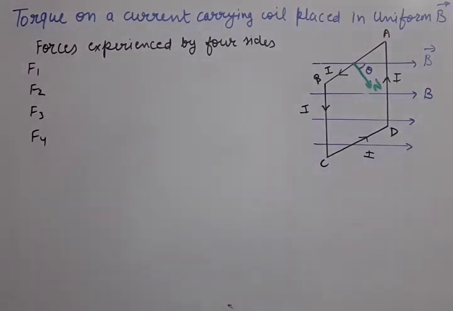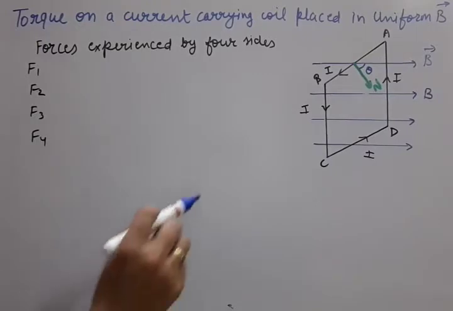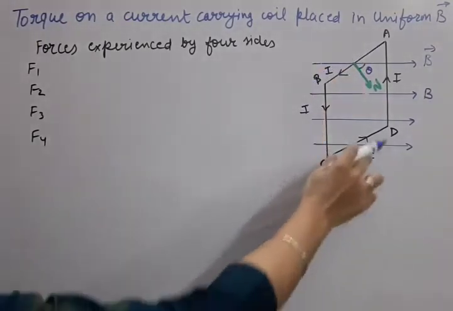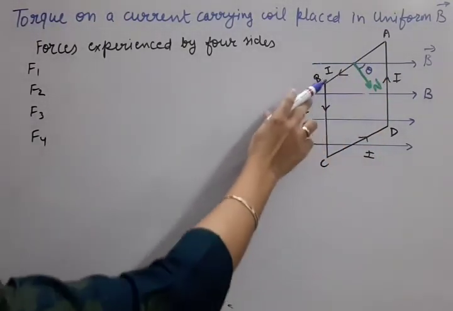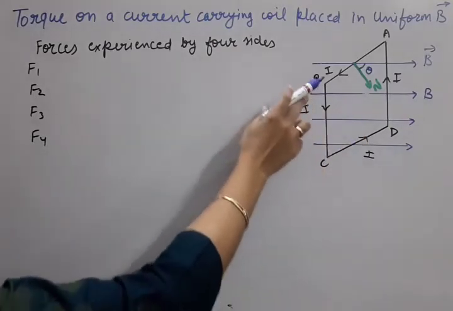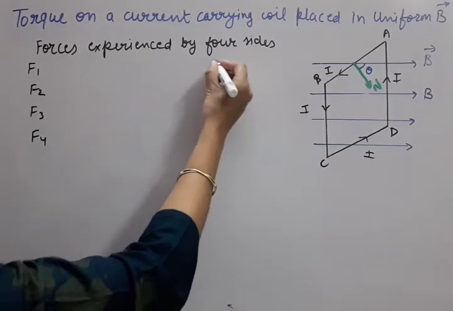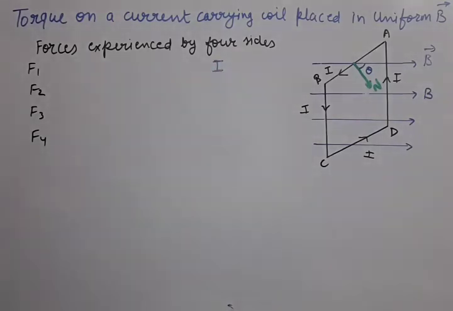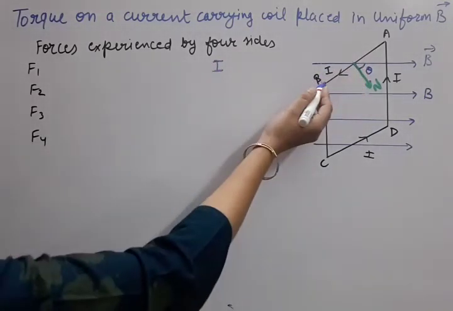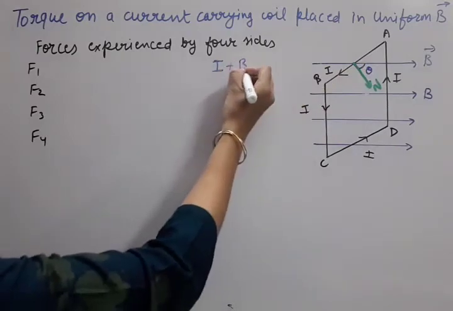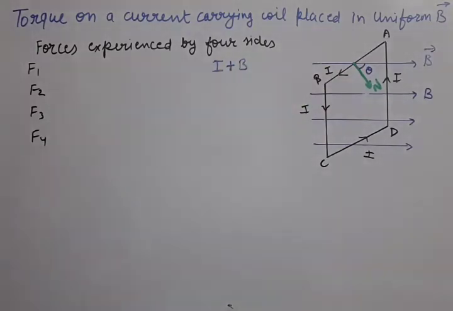Now how to proceed further? We are seeing here that in a rectangular coil there are 4 sides, and in each of the sides the current I is present, and each current carrying part is present in the magnetic field B. Correct?